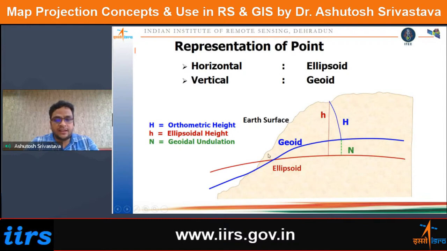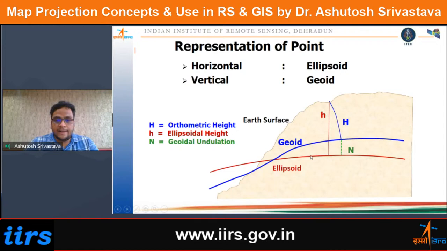Then capital H is the geoidal height. And if we take the difference between small h and H, it is called the geoidal undulation. So we can derive this geoidal undulation.